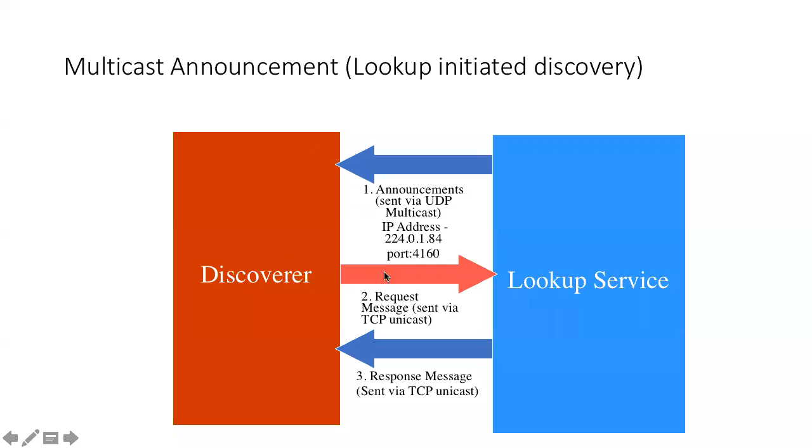And so here, the discoverer comes back and says, okay, I'm going to reply to you with a unicast response on a specific port number and ask you for a new address. And then your response comes back and says, via unicast, TCP/IP, here's your new address, and don't bother me again.